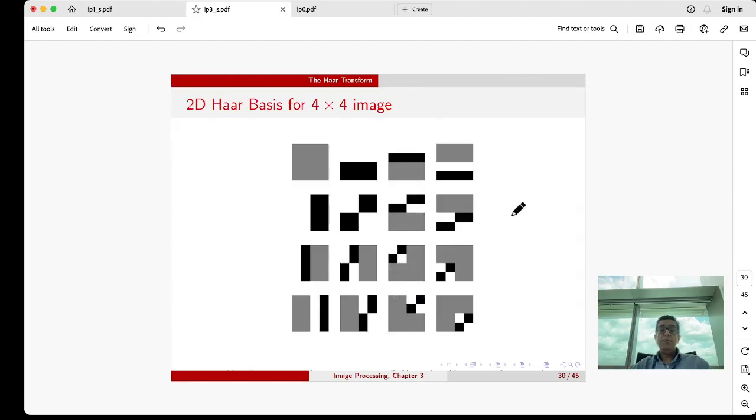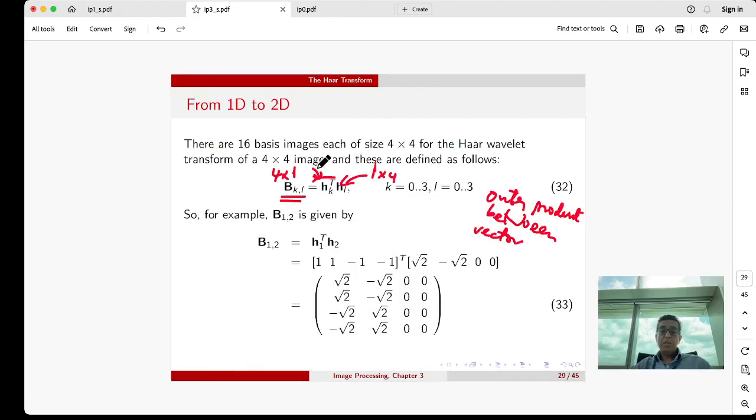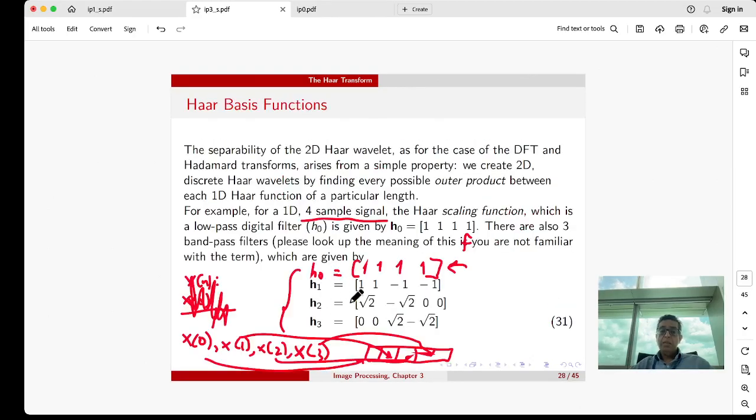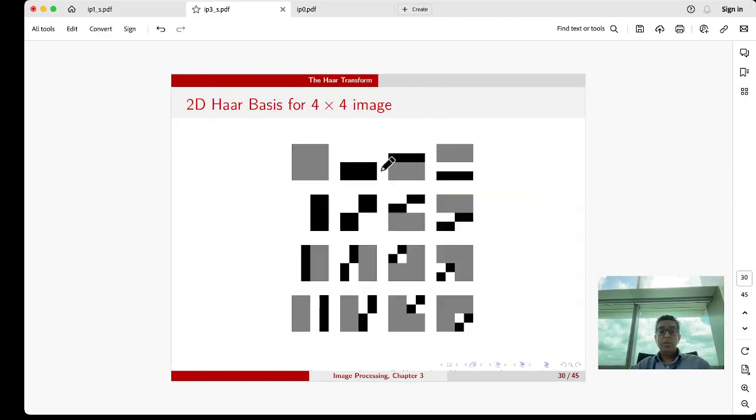And this is what the two-dimensional Haar basis images look like for a 4x4 image. This comes across as gray, but in this case you've got the values of all ones for the Haar basis image. So there are some definitions of Haar basis images where there's an extra scale factor here. I haven't used a scale factor in this definition.